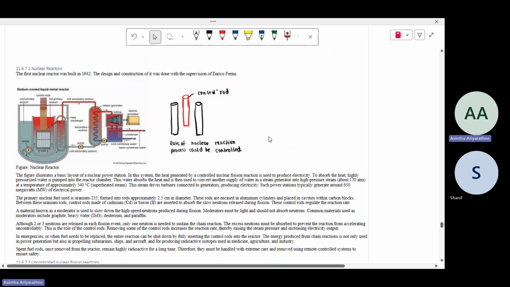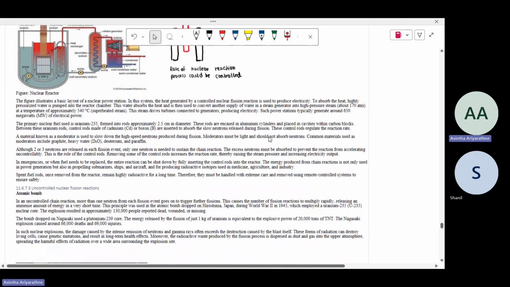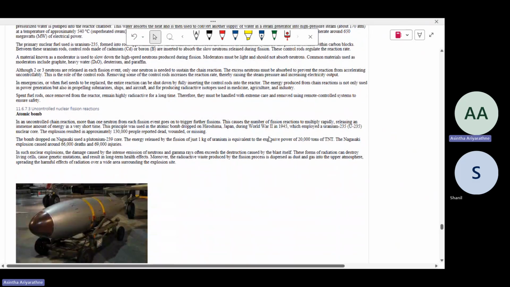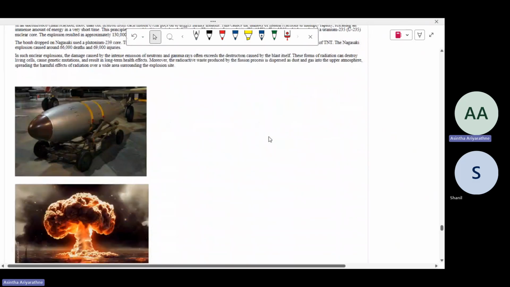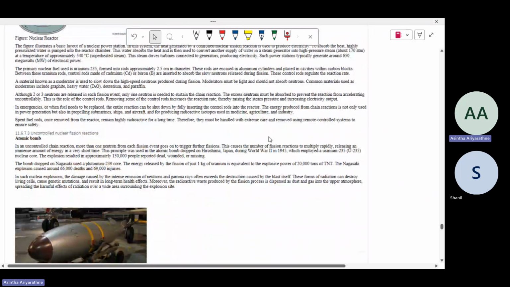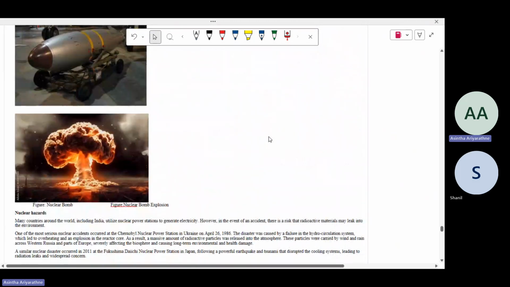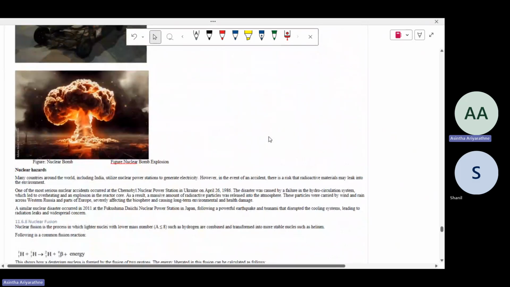Those nuclear reactors are being used to harness energy. And the bad side as well is the atomic bomb, the bad usage of nuclear chain reaction.